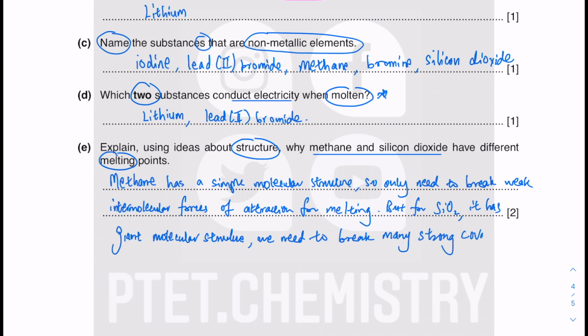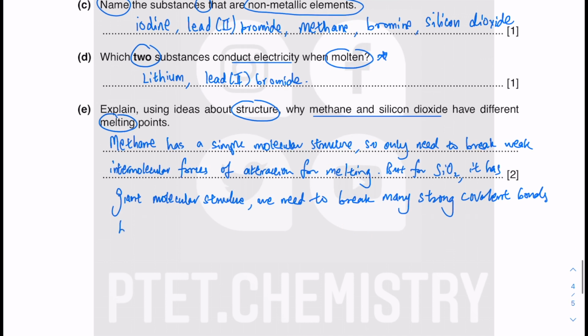Many strong covalent bonds. So I'm trying to follow the standard that we usually do, which is try and be as complete as possible, whether it's 2 marks or 4 marks. Okay, break many strong covalent bonds between silicon and oxygen atoms. So in the context of silicon dioxide, it's between silicon and oxygen atoms. For melting, that is for going from solid to liquid.